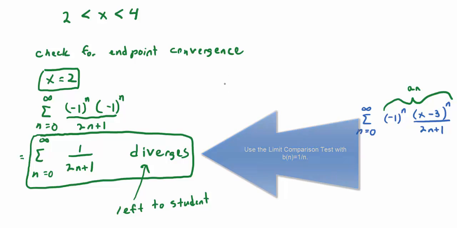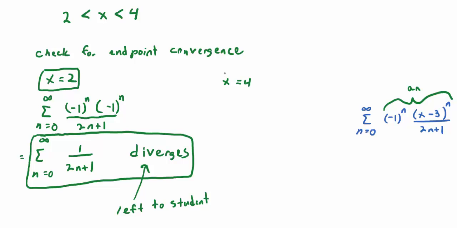Let's very quickly do x equals 4. So what does the series become if x equals 4? Just -1 to the n, right? Because this is just 1 to the n. When you plug in 4 right there, you just get 1 to the n, which is just 1. Oh, so -1 to the n over 2n plus 1.